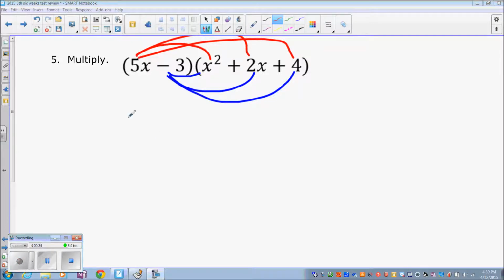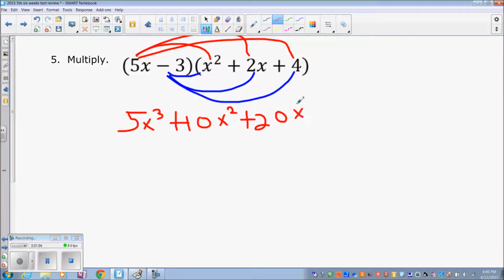When I multiply 5x times x squared, I get 5x to the third. When I multiply 5x times 2x, 5 times 2 is 10, and x times x is going to be x squared. When I multiply 5x times 4, I get 20x.